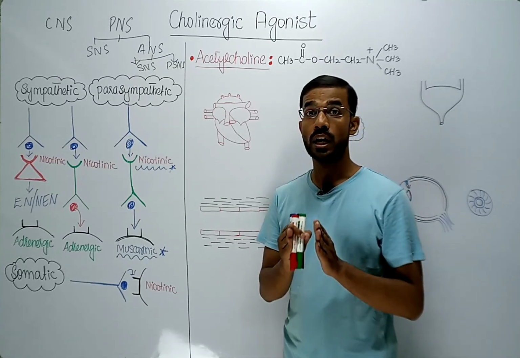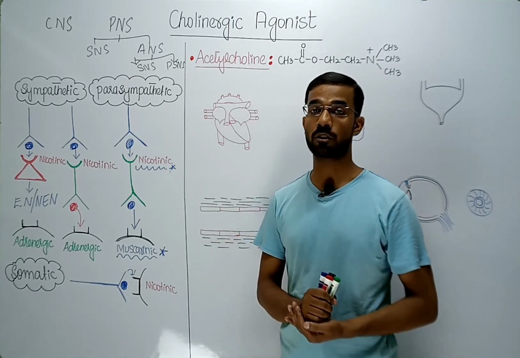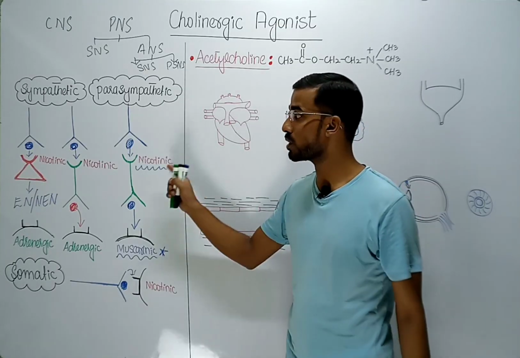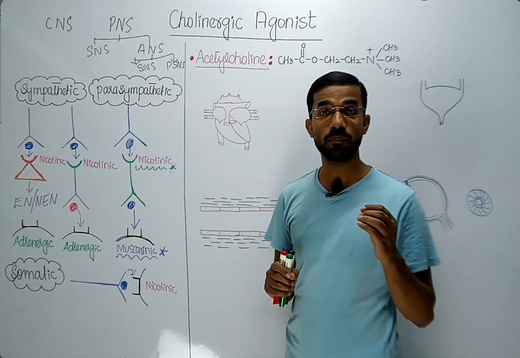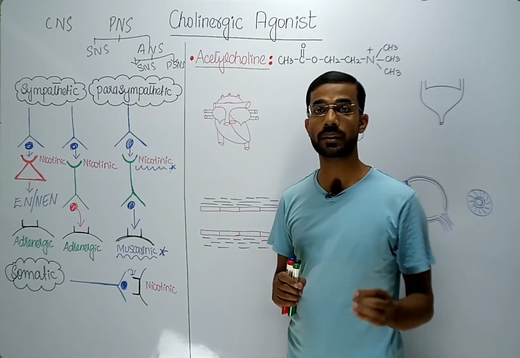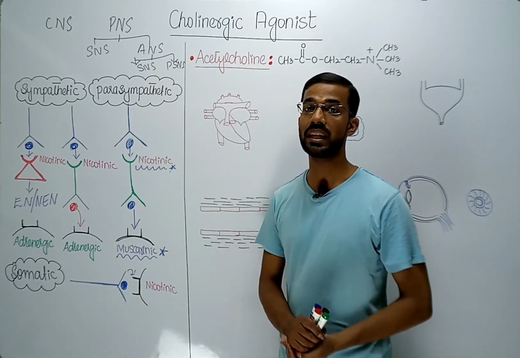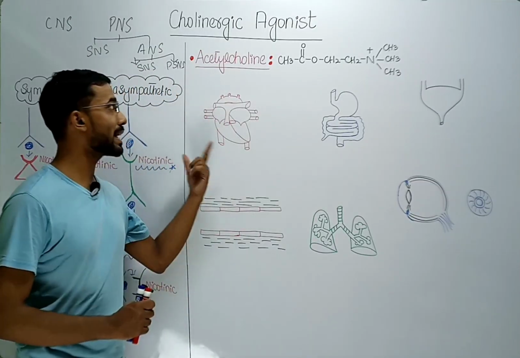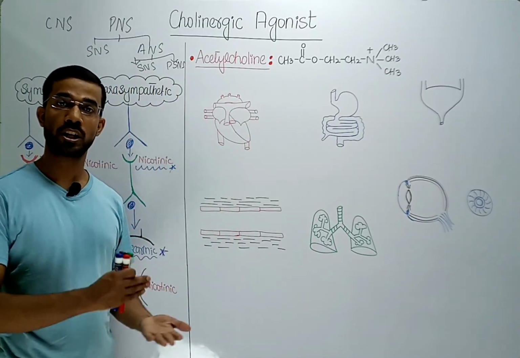So these are the diffuse effects of acetylcholine. Acetylcholine produces diffuse effects because it has major receptors on the different neurons and the effector organs. So acetylcholine is naturally produced in our body.